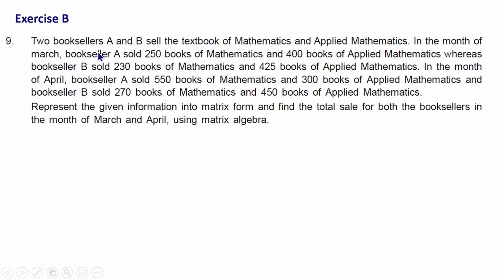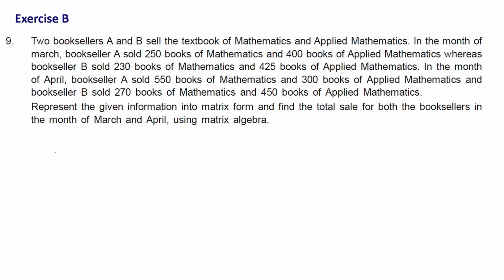So here it is given two booksellers A and B, they sell textbooks of Maths and applied Maths. In March, A sold 250 books of Maths and 400 books of applied Math, whereas bookseller B sold 230 books of Math and 425 books of applied Math.